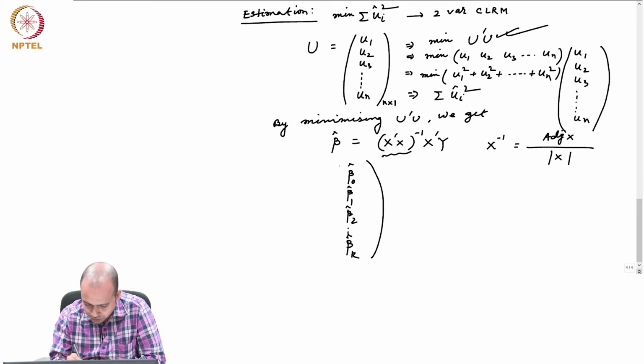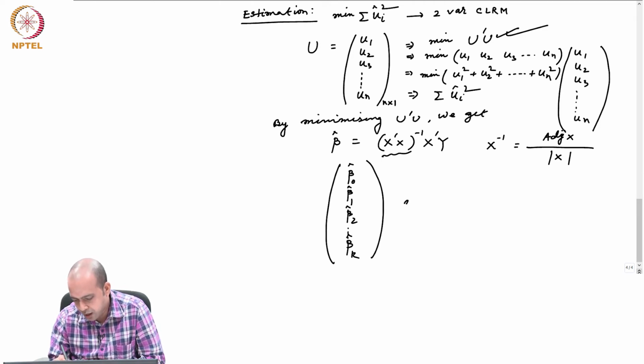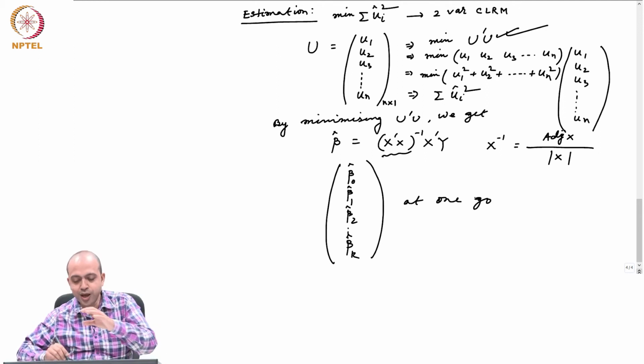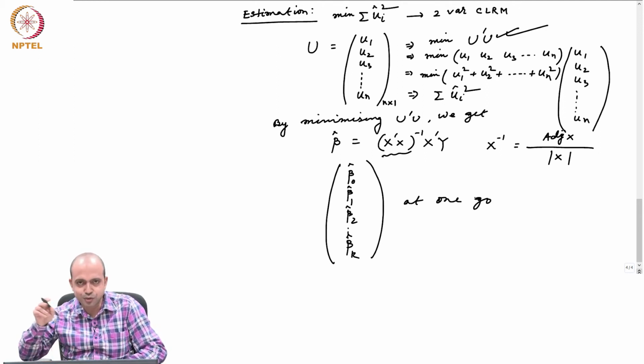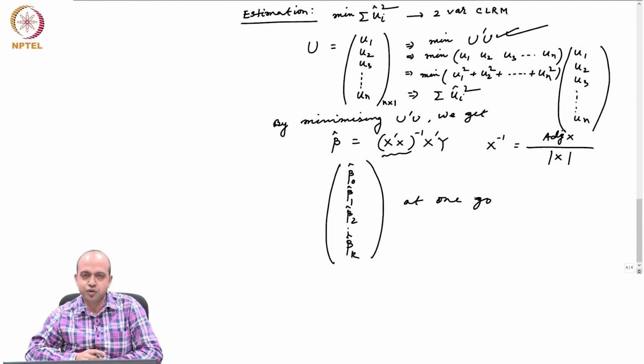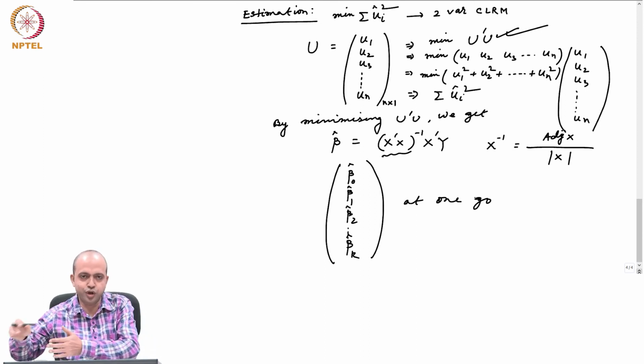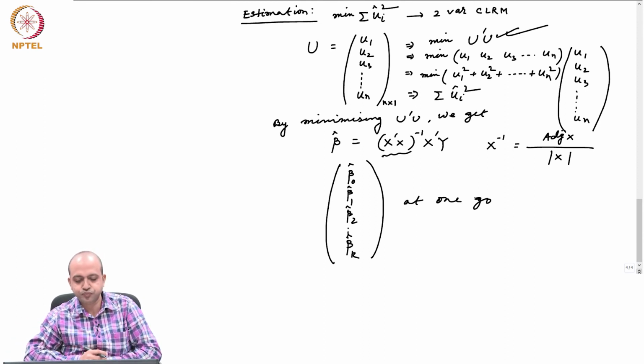Everything we get at one go. We do not have to apply the summation xi minus x bar, yi minus y bar, divided by summation xi minus x bar whole square formula k times.